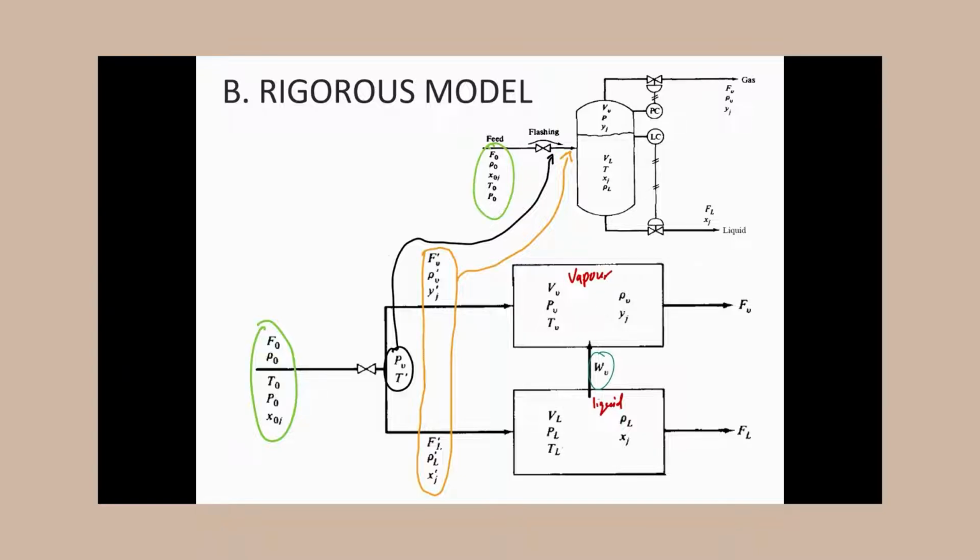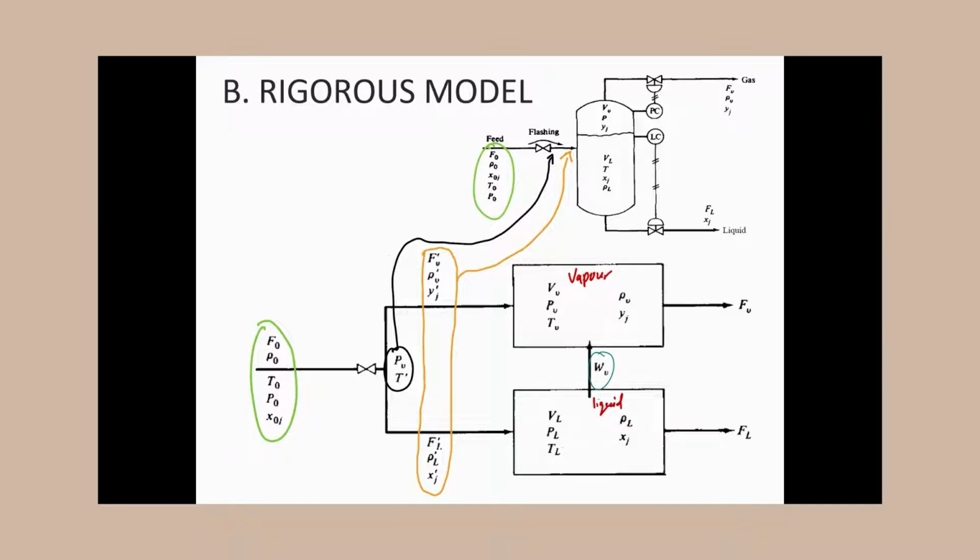In the rigorous model, we can see that the vapor and liquid are divided into two parts. PV and T prime are the components that can be seen right after the liquid passes through the valve, and then the other 6 components, FV prime, rho V prime, YJ prime, and the other 3 on the bottom, are right before it enters the inlet.